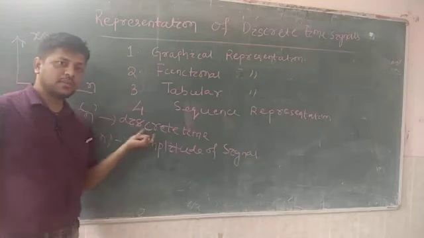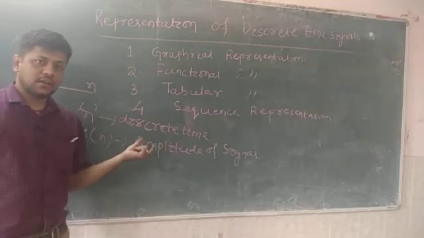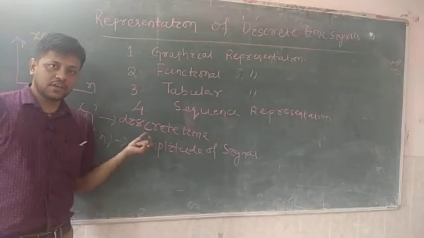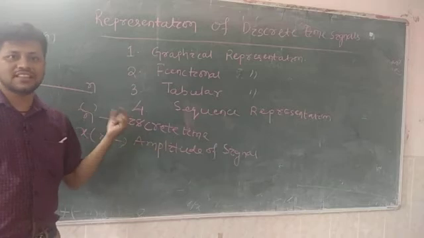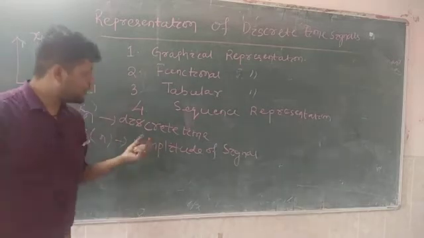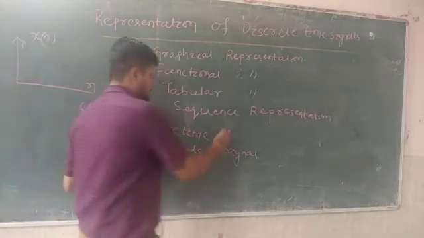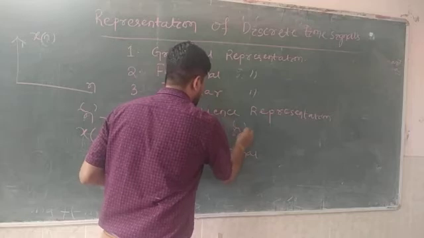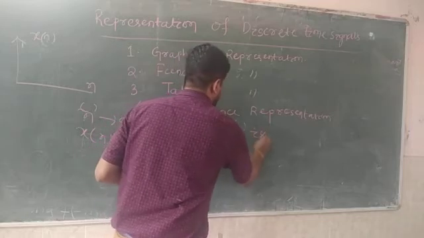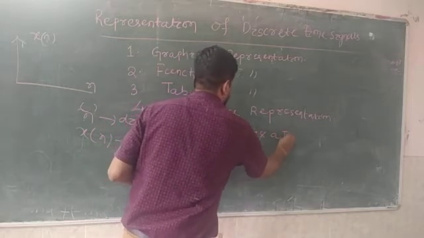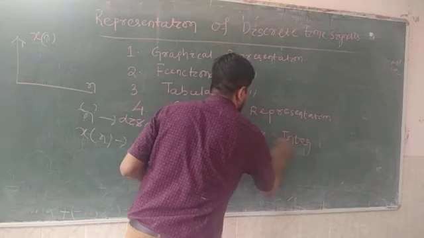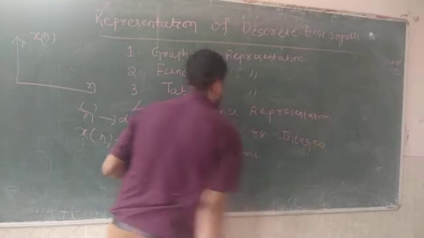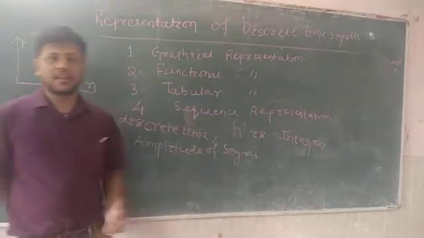The question is, what must be this n? In analog signal we have small t denoting the time, here n denotes the discrete time. Always remember this n is an integer, and the range is -infinity to +infinity.